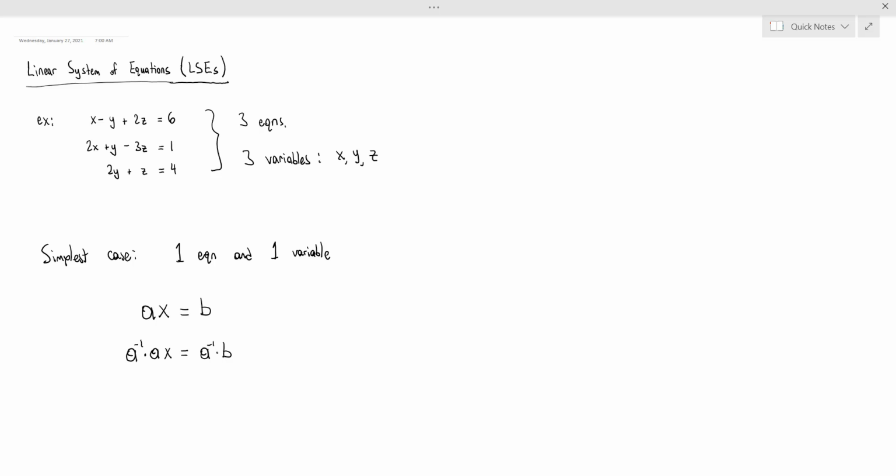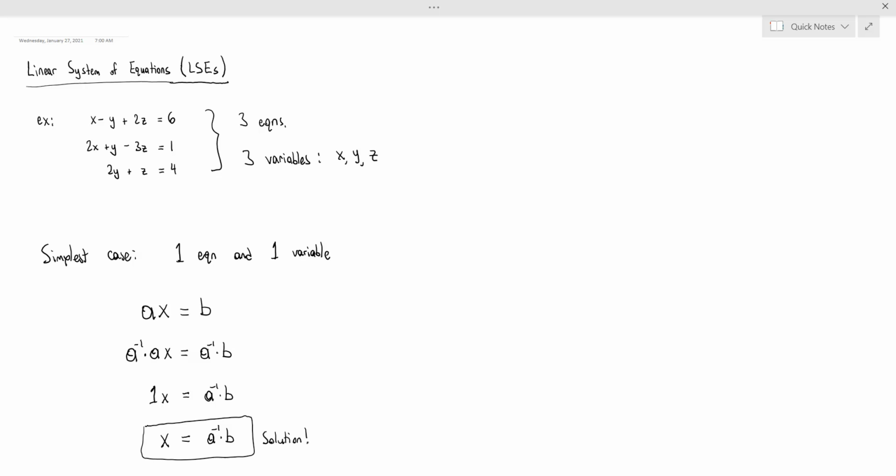A to the negative 1 times a is equal to 1. So on the left, we end up with 1 times x, and then 1 times x is just x. So in the end, we find the solution x must be a inverse times b, which is the same as b over a, of course.